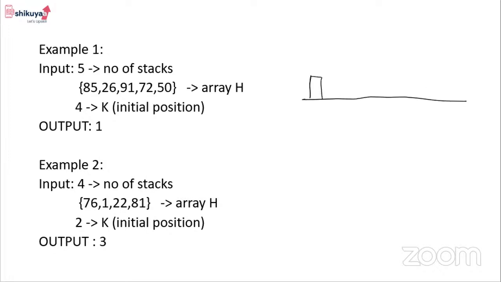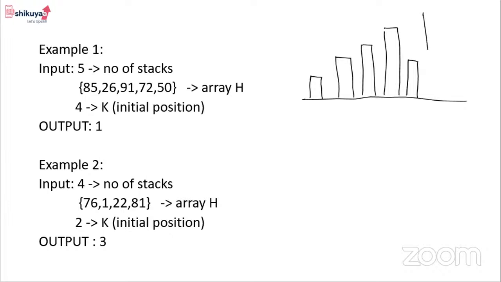This is the first stack, this is the second stack, then the third one, and suppose this is the fourth one, and this one is there, and one more. So these are the stacks, numbered stack 1, stack 2, stack 3, 4, 5, 6, and it goes on up to n.